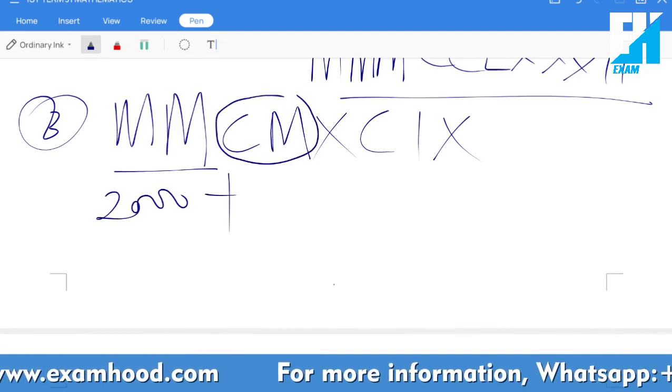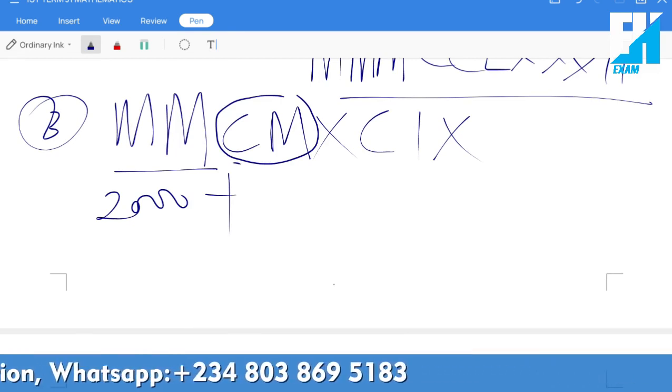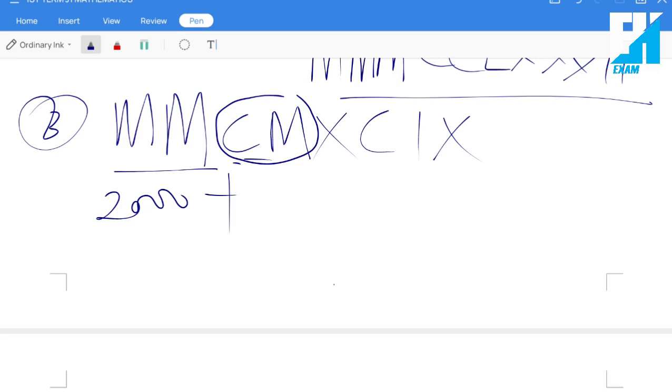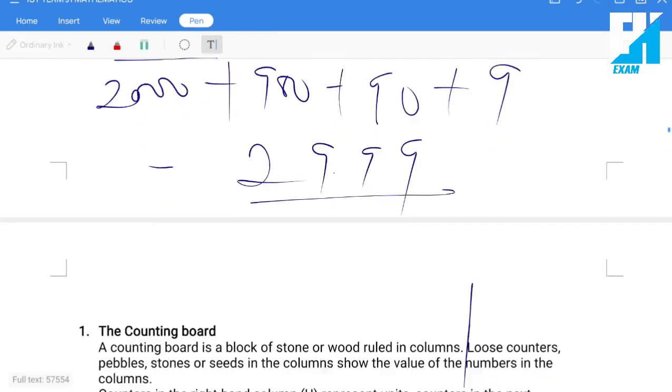The reason why you know how they are standing is because you can see that this smaller one comes before the bigger one, so they are together. So your CM is definitely 1,000 minus 100, that's 900, plus XC. The smaller one is before the bigger one, that's 90, and IX is 9. So it gives you 2,999. That's your answer. That brings us to the end of the Roman numerals.